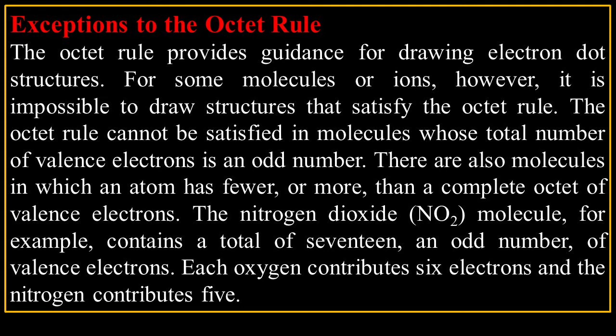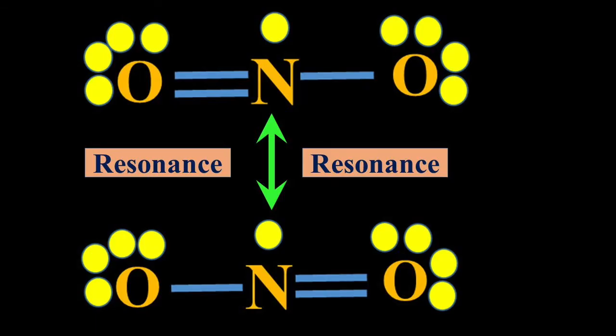The nitrogen dioxide NO2 molecule, for example, contains a total of 17, an odd number of valence electrons. Each oxygen contributes 6 electrons, and the nitrogen contributes 5, so that's 17.